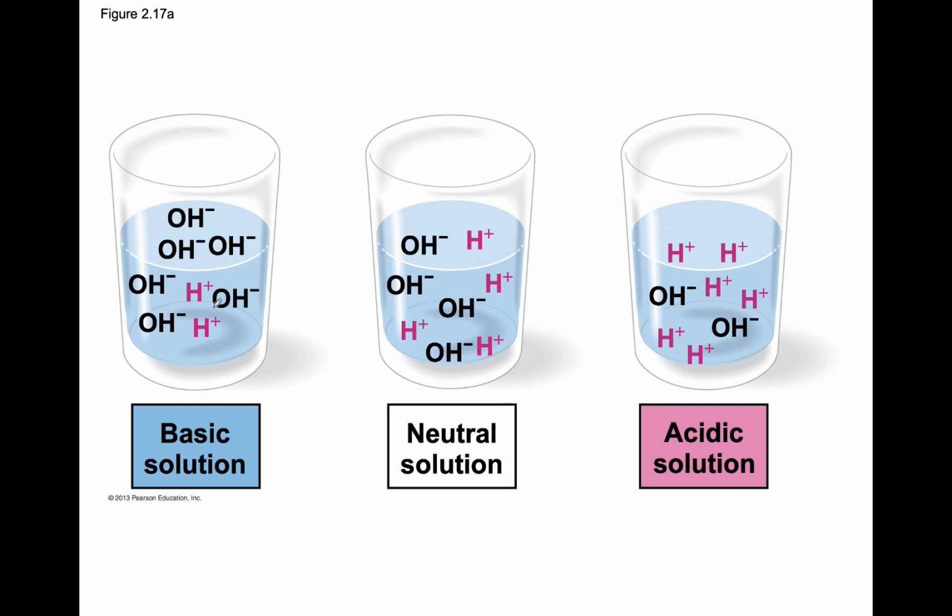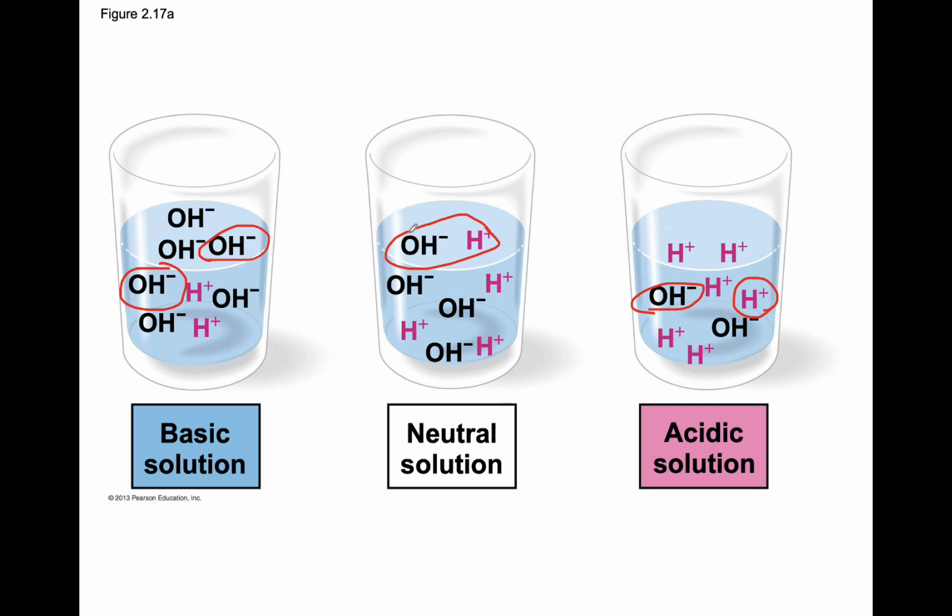A basic solution has very few protons, but it can also be stated to have very high number of hydroxide ions. An acidic solution has a lot of hydrogen ions, but not very many hydroxide ions. And a neutral solution has the same number of hydroxides as it does hydrogen ions.